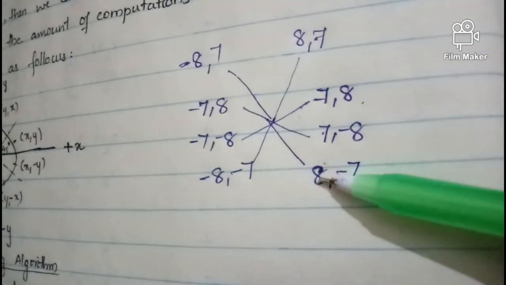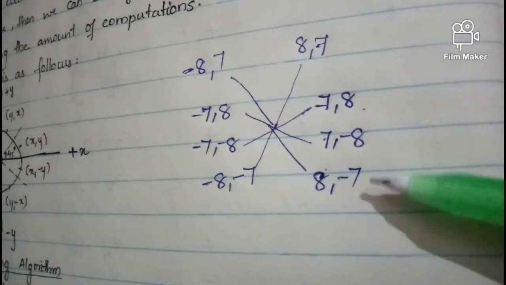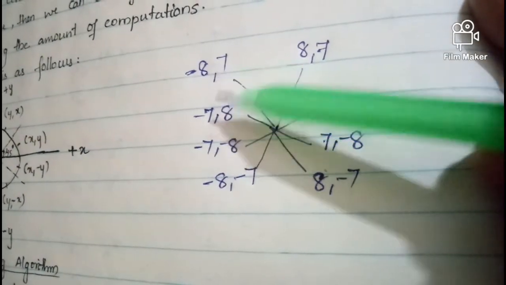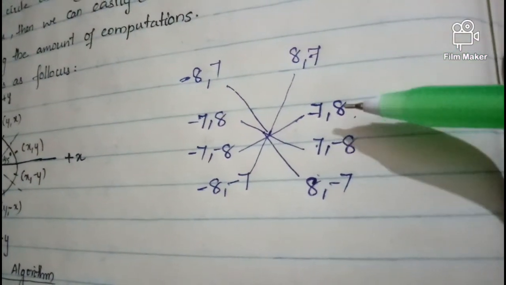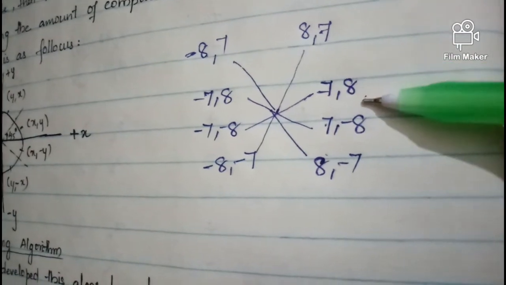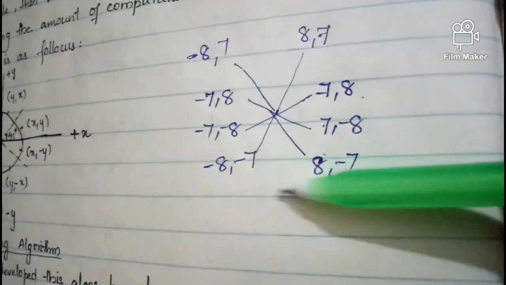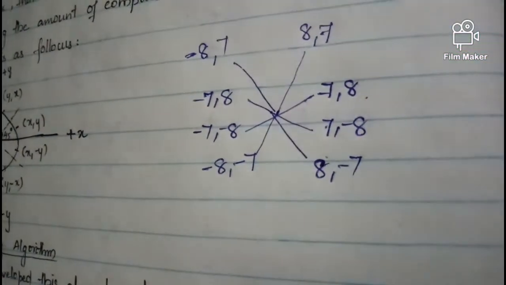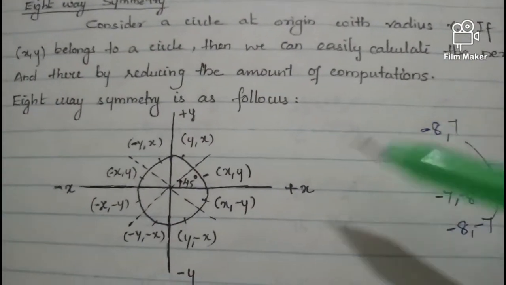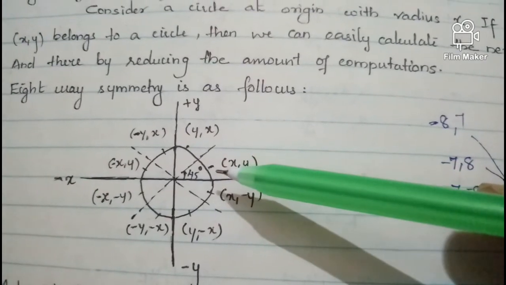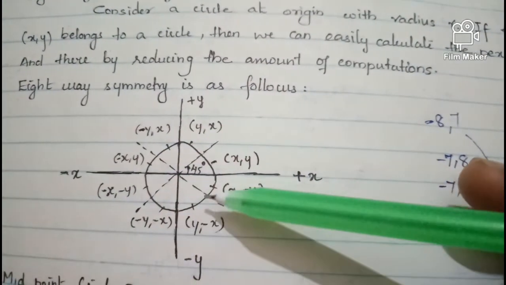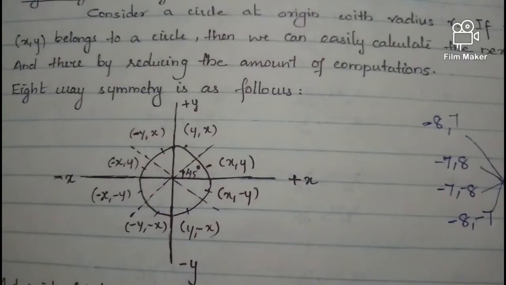Values reversed, it became 8, minus 7. So in this way, by just using the xy value calculated using the algorithm, we can automatically plot all the pixels in 7 octants. So this is the only algorithm which uses very few computations and can easily plot all the points that lie on the circumference of the circle.